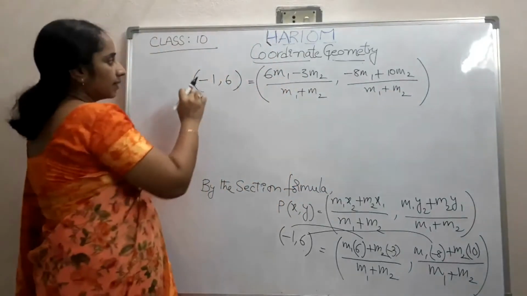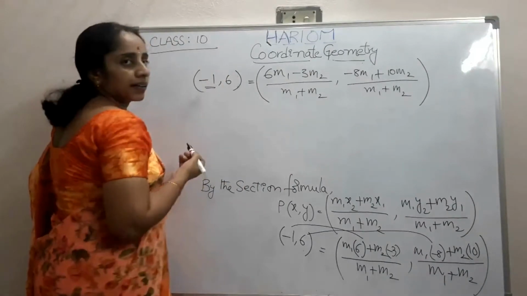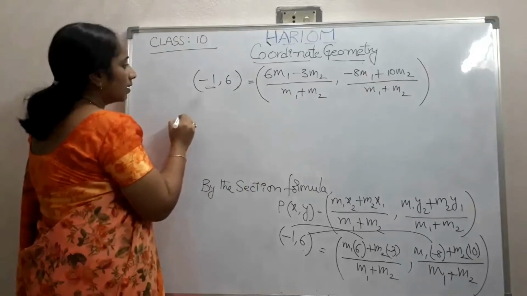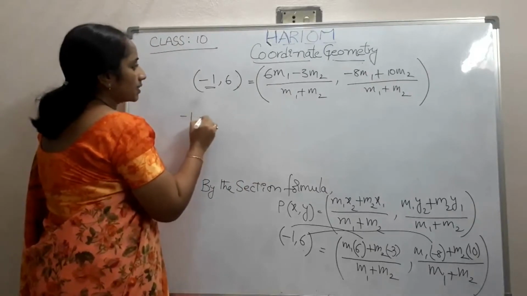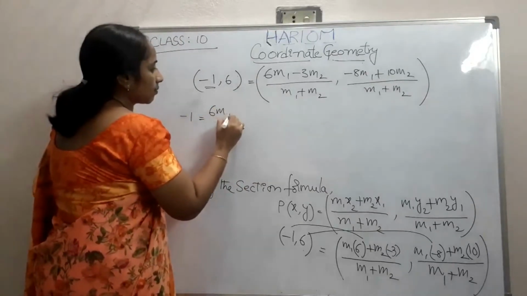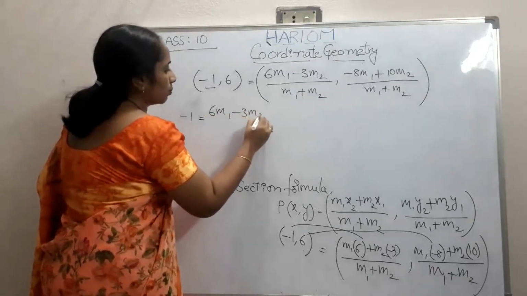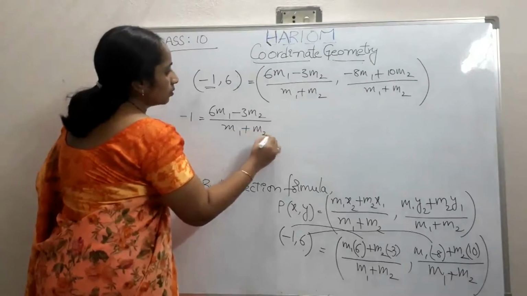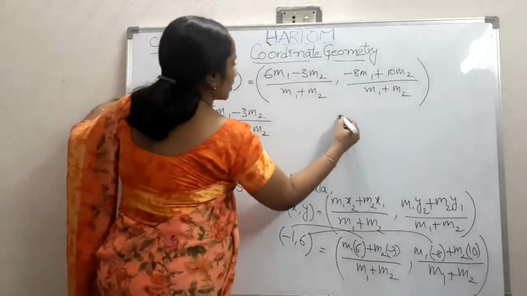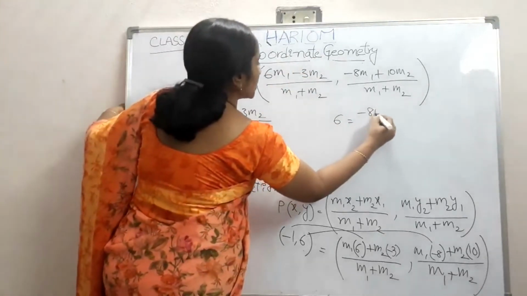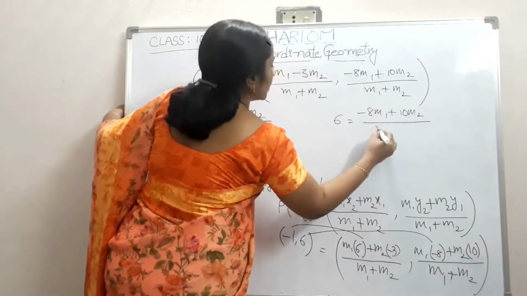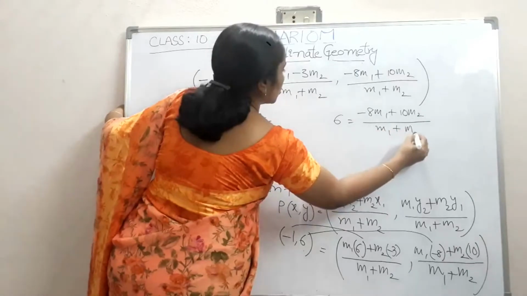Now as I said, this x coordinate is equal to this x coordinate, so that -1 is equal to (6m1 minus 3m2) by m1 plus m2, and in the same way 6 is equal to (-8m1 plus 10m2) by m1 plus m2.